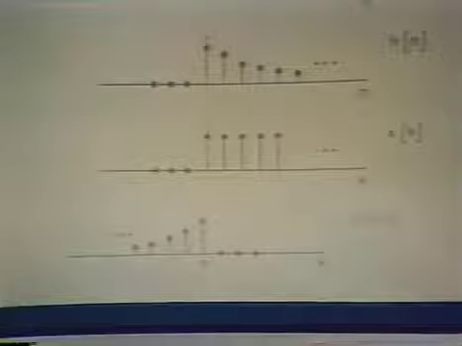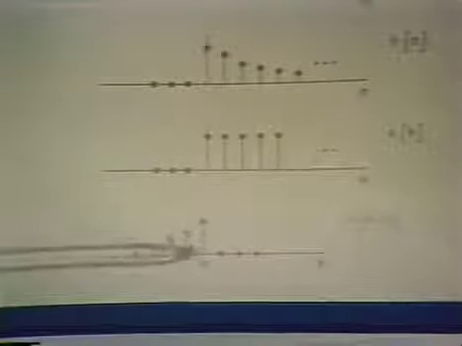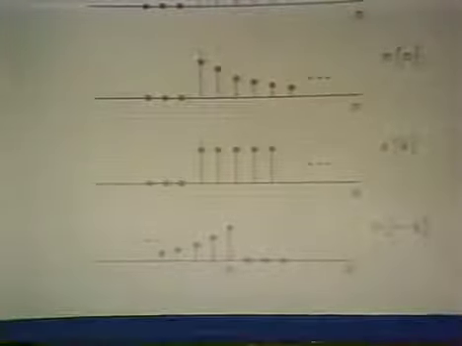So if we were to compute, for example, the output at n equals 0, as I've positioned this sequence here, I would take this and multiply it by this and sum from minus infinity to plus infinity. Or for n equals 1, I would position it here. For n equals 2, I would position it here, etc. Well, you can kind of see what the idea is.